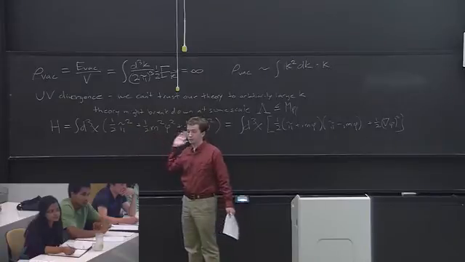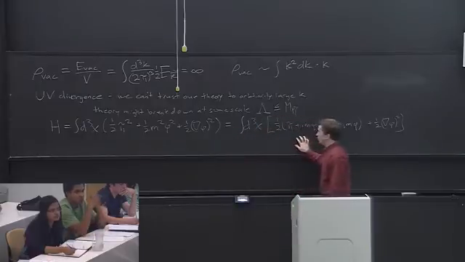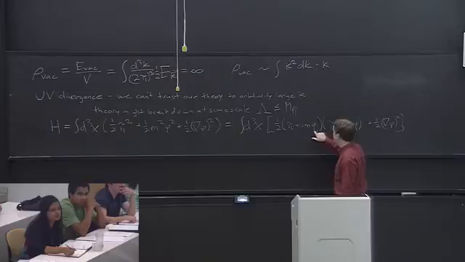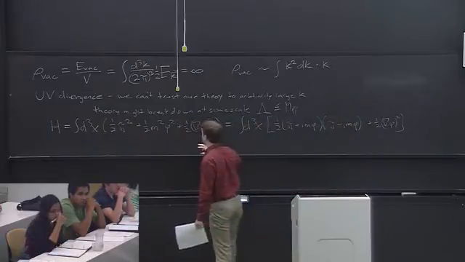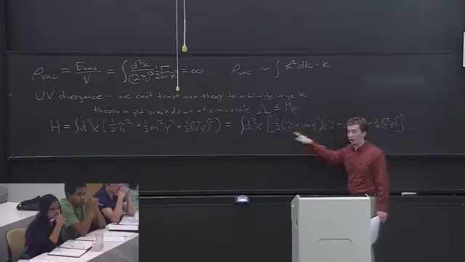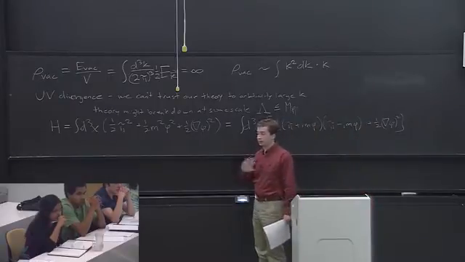So classically, there's no difference between the expressions I wrote down on the left and the right. You're saying the ordering of phi and pi? Right. So here, if we expand this out, we'll have a phi pi minus a pi phi term. Classically, we can cancel those out. There's no problem there.